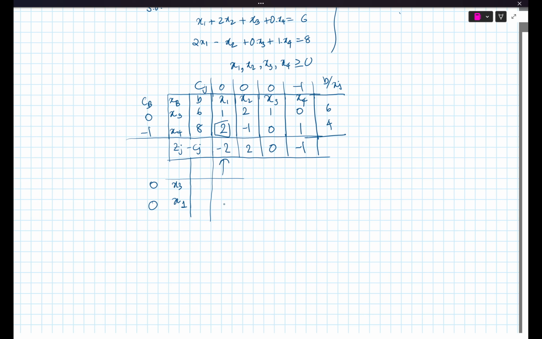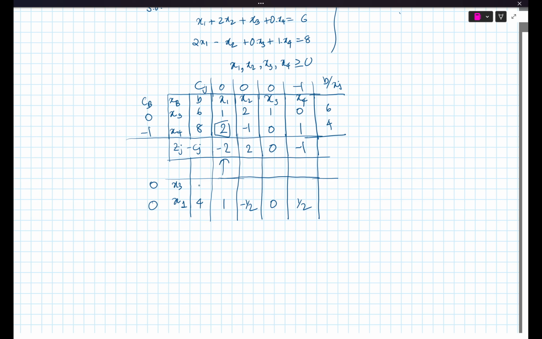I need to make this 1, so I'll divide by 2, minus 1 by 2, 1 by 2, and I'll subtract this row from this row to get 0 there.